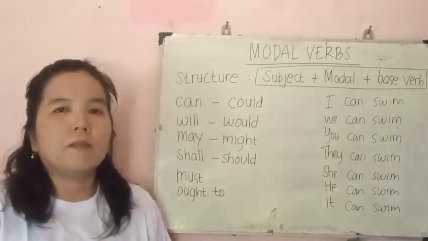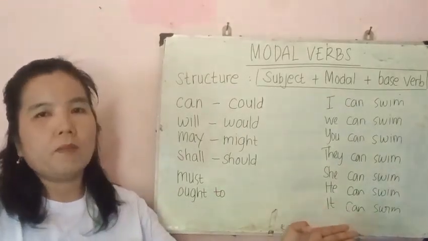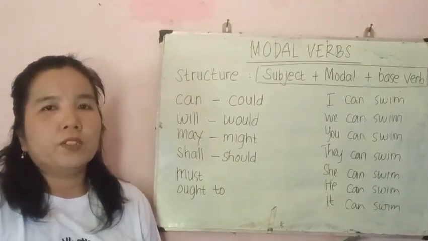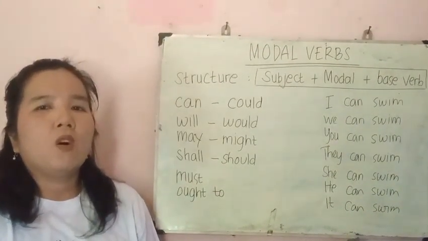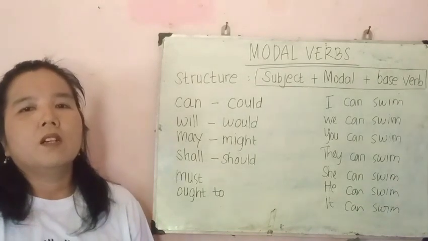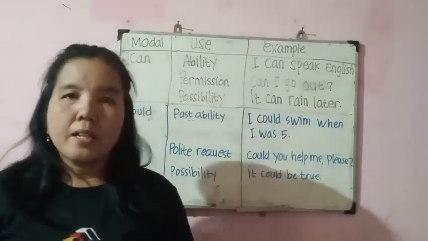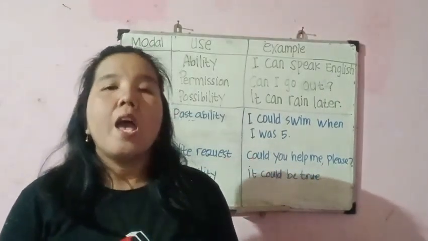She can swim. He can swim. And it can swim. So modal verbs are followed by the base form of the verb, also called infinitive without to.